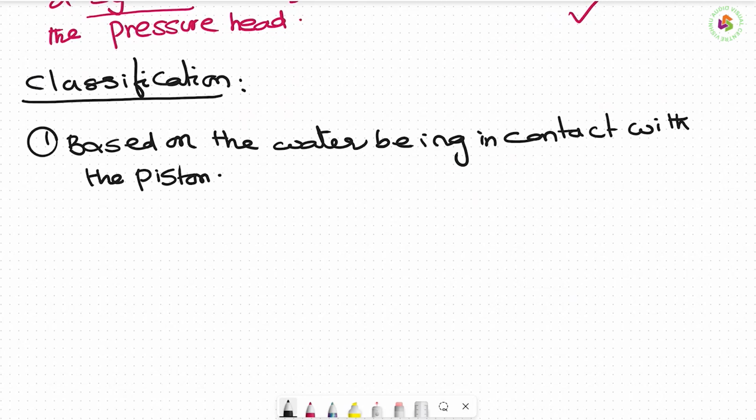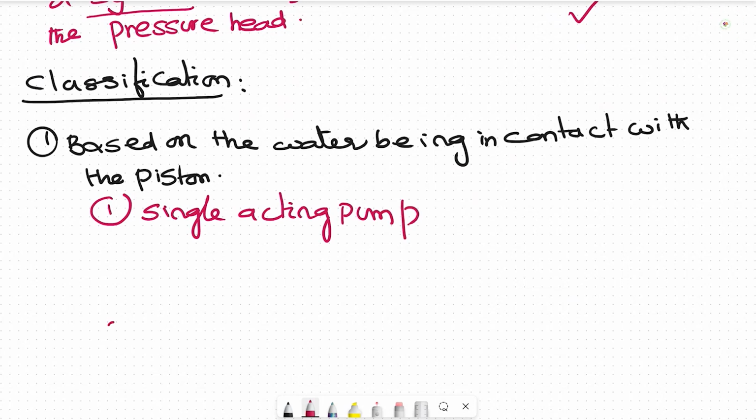What do you mean by that? Based on this, we call it single acting pump, and number two is double acting pump.